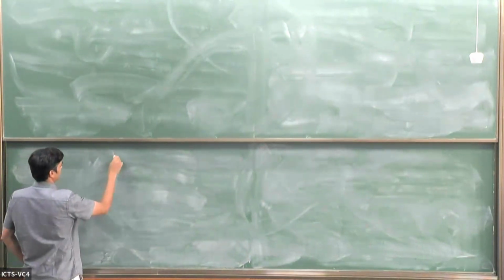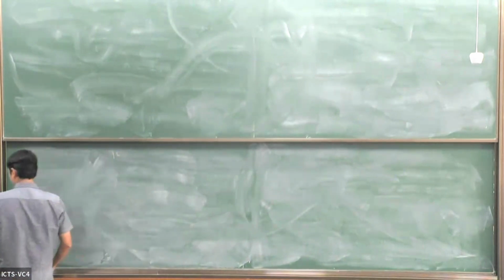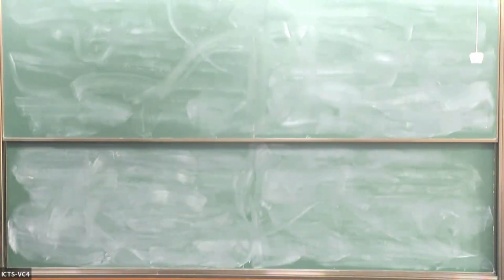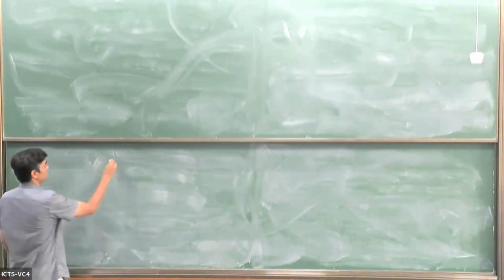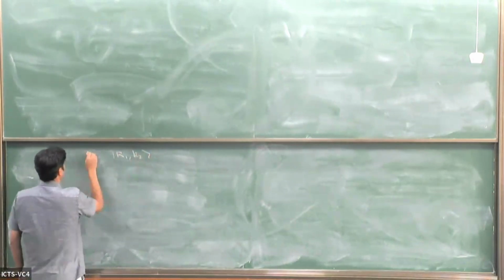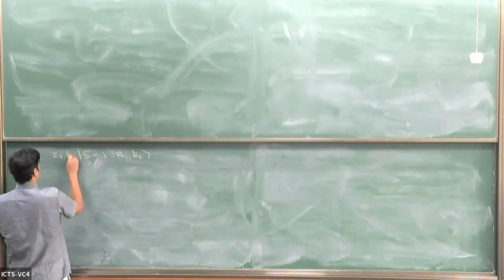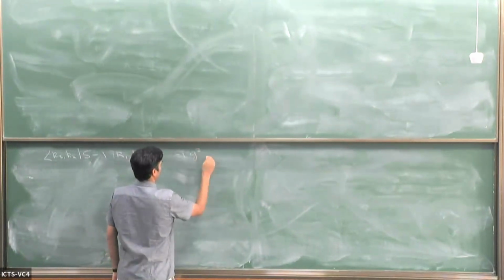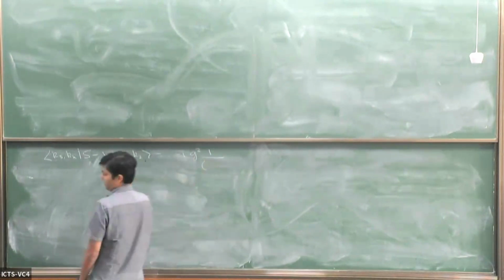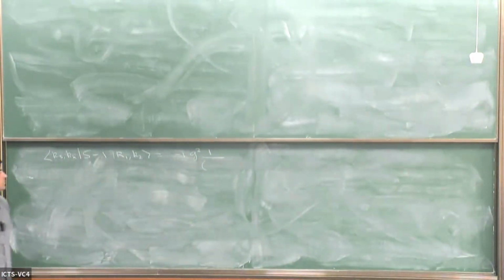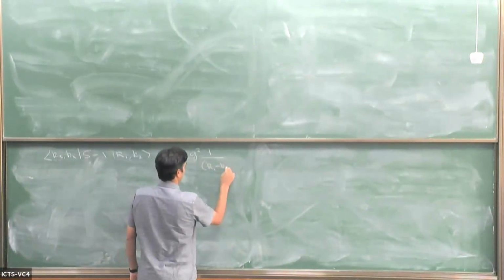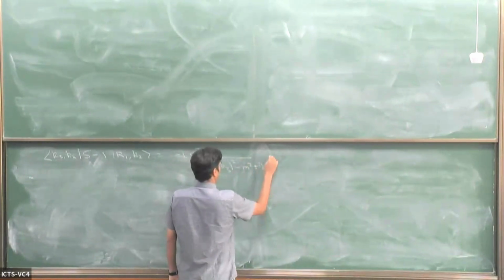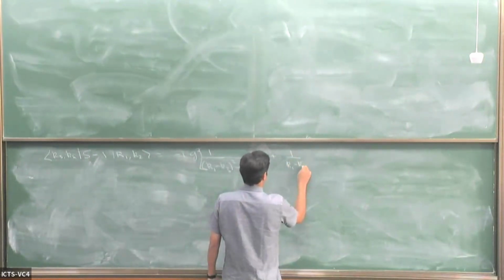We derived several results. We found that this was minus i g squared times 1 by k1 minus k3 squared minus n squared plus epsilon, plus 1 by minus k4 squared.